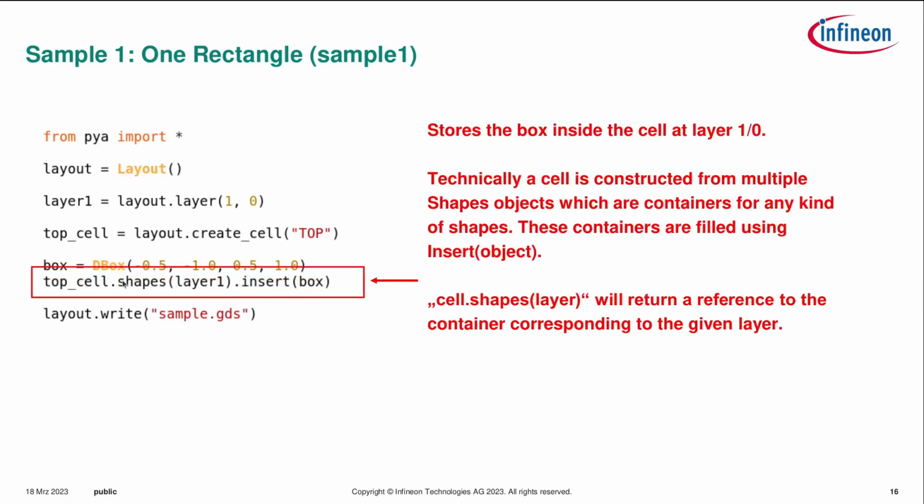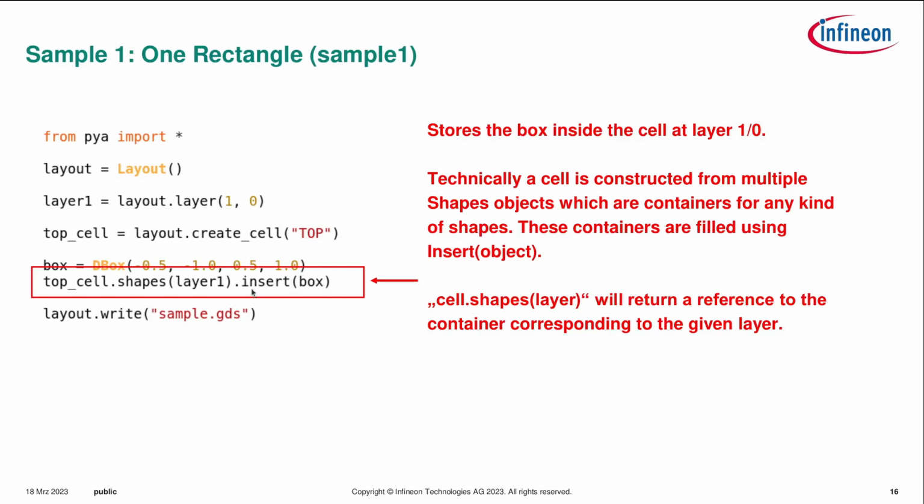And finally, this is how I insert the box into a layout. I take the cell I want to insert the box into. I'm obtaining the shapes container for a particular layer. So a cell is essentially a collection of shape containers, one container per layer. And in this container, I insert my box.